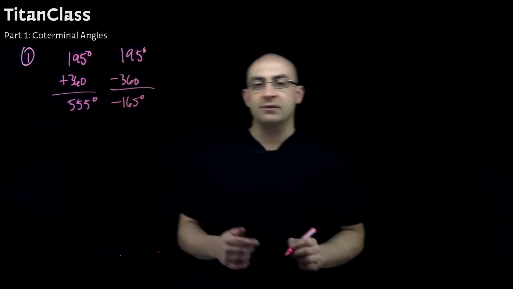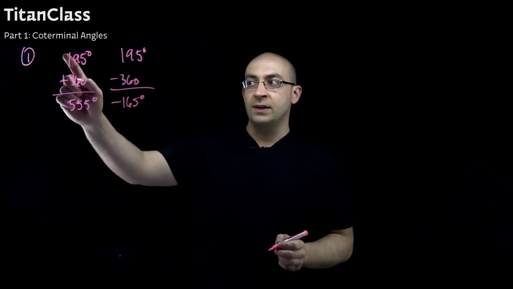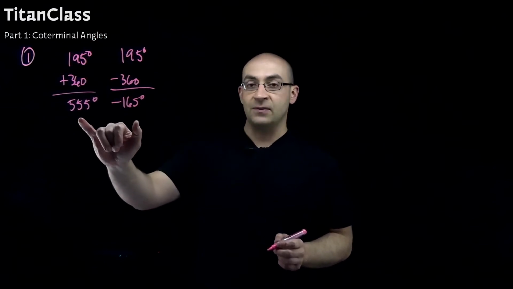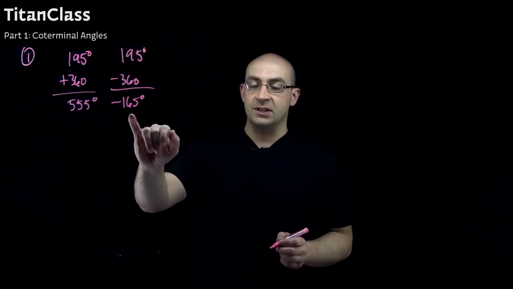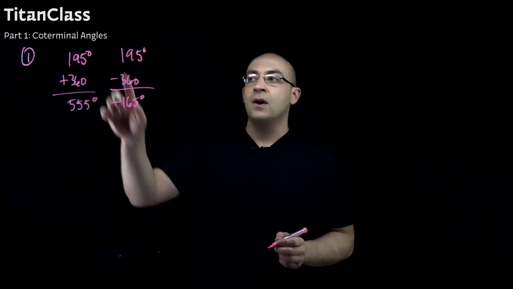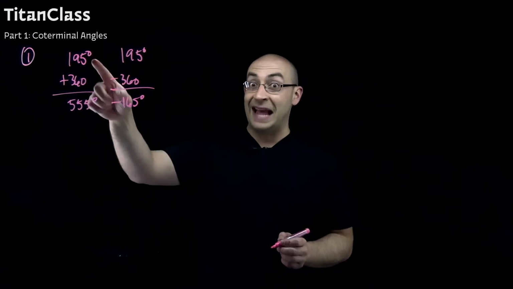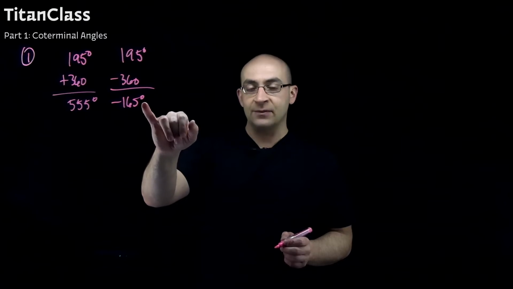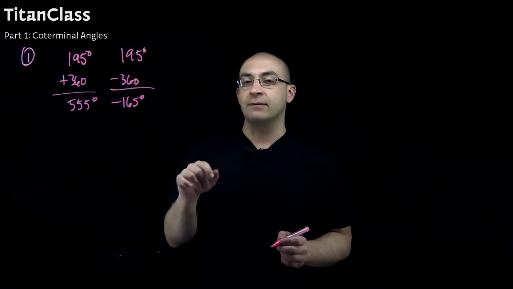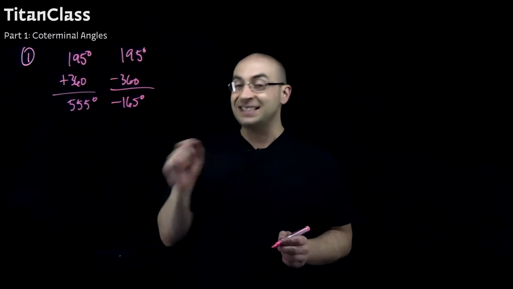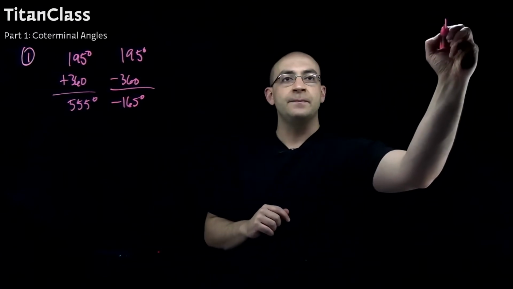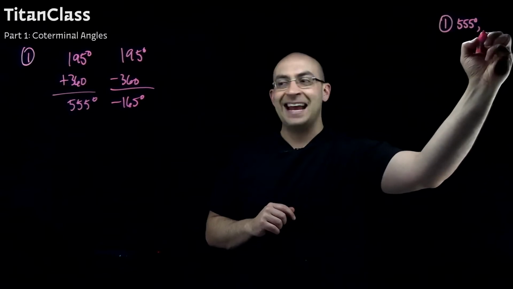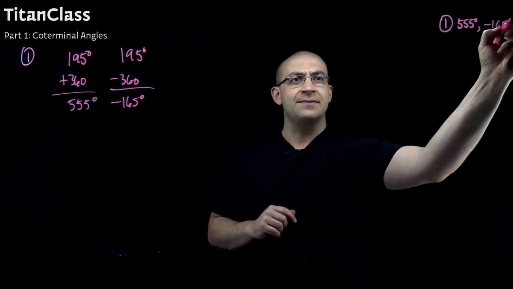Now, one thing to remember about coterminal angles, 195 was the initial OG terminal end. 555 degrees and negative 165 degrees represent one more revolution around that will end at the same spot counterclockwise, and the negative 165 represents one full revolution clockwise, and it still ends at the same spot. So number 1, our answer is 555 degrees and negative 165 degrees.